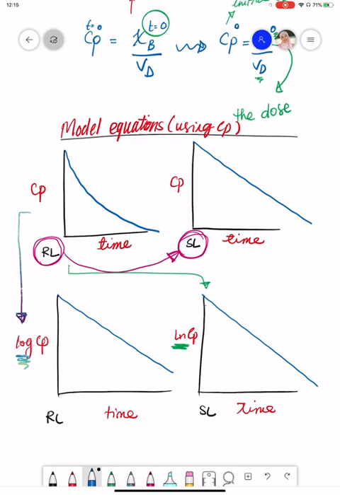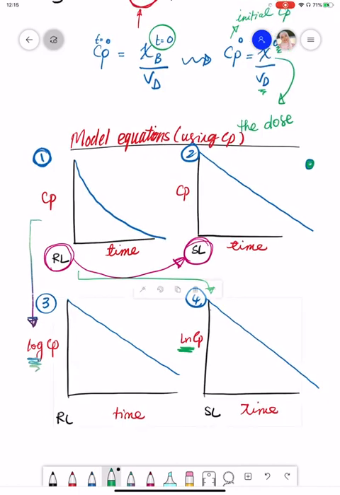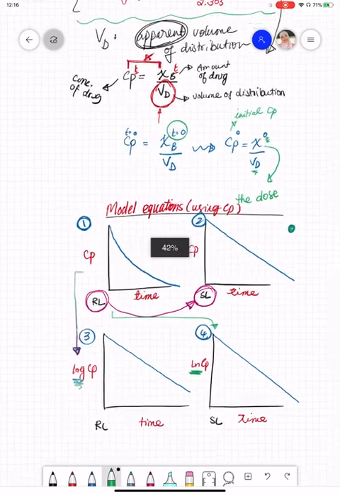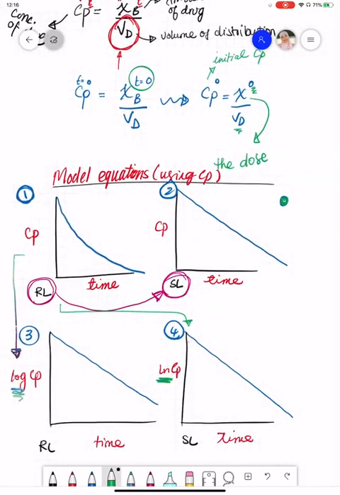So let's number the profiles 1, 2, 3, and 4. The shapes of the profiles in number 2, number 3, and number 4 are the same. They are linear.